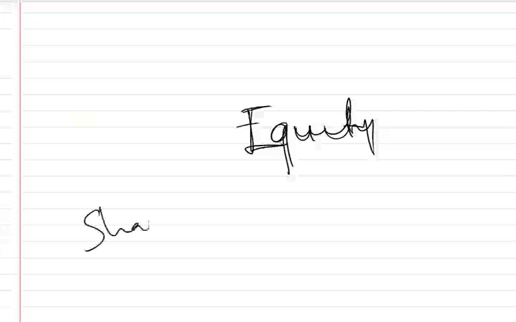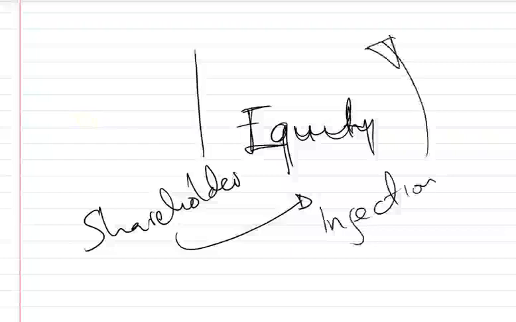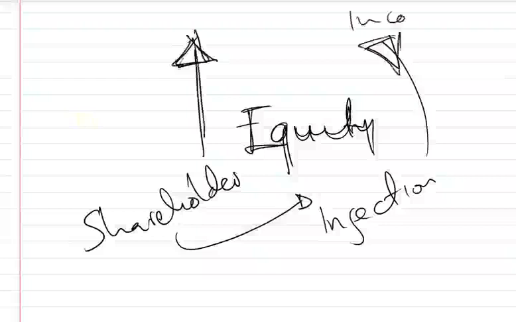So if shareholders have actually paid some money or injected money into the business, that's not income. Yeah, it has increased the equity, right? But that one won't be income, because they have excluded any contribution from equity participants.